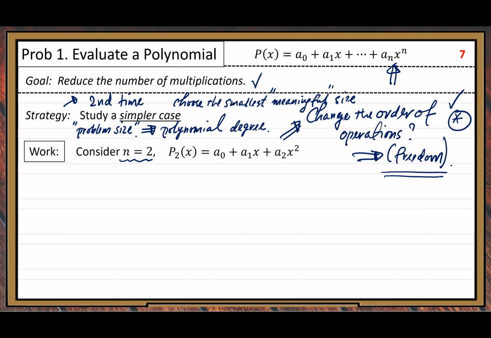Let's work on this quadratic polynomial first. It's simple, so we're not scared by this polynomial, right? If I give you a polynomial with degree 200, then you will be scared, right?